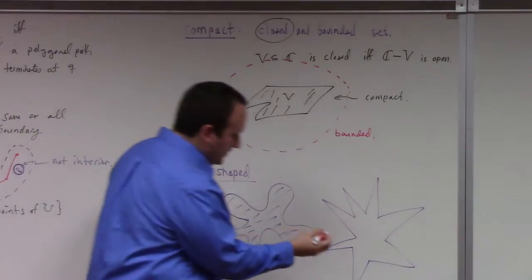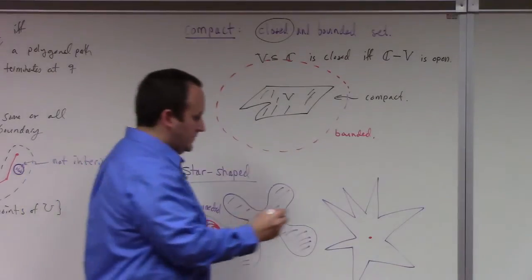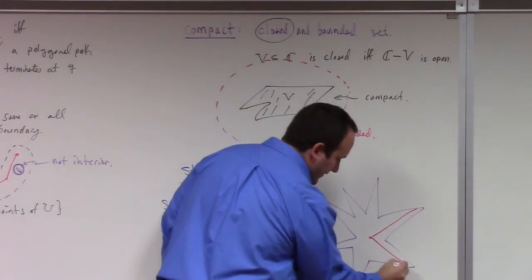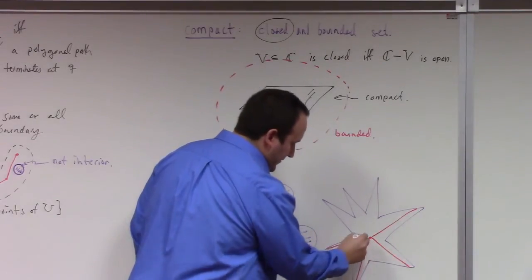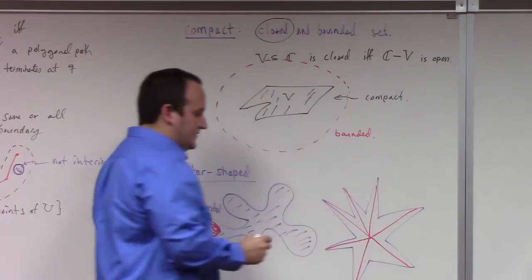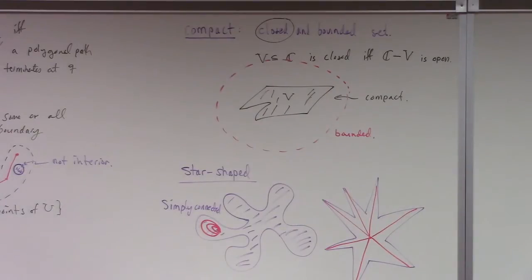So I think this would be an example of a star center. Right, so I can get anywhere to there, anywhere in here. Looks like I can get anywhere in there. You can see that every point, if I drew my star right, you can get to any point in that region by a line segment from that star center.